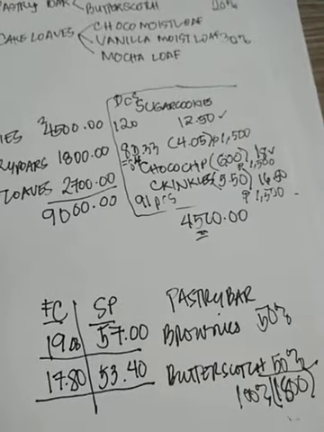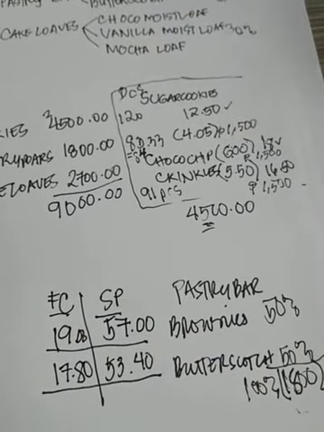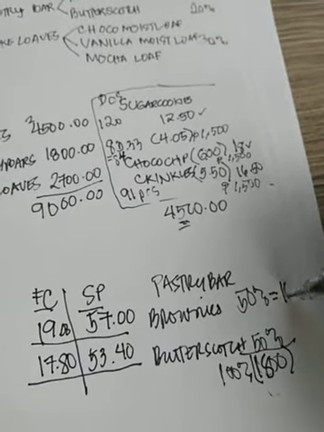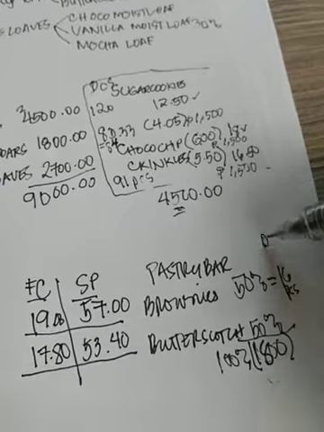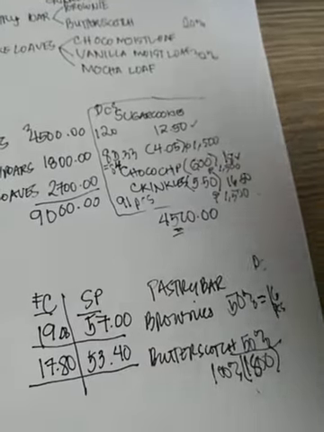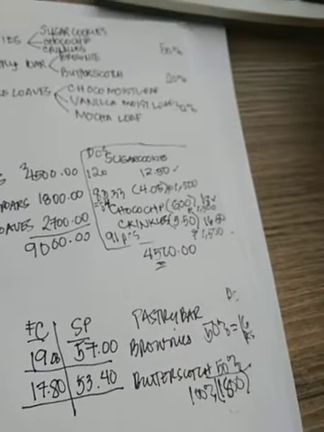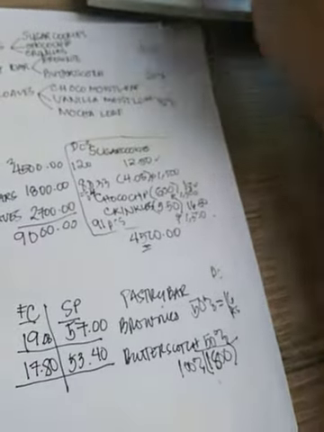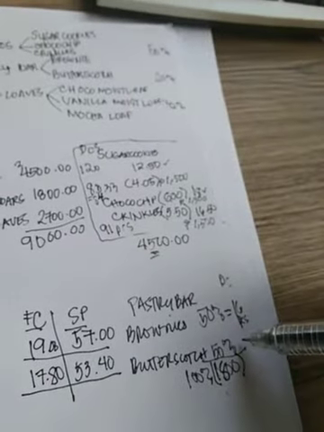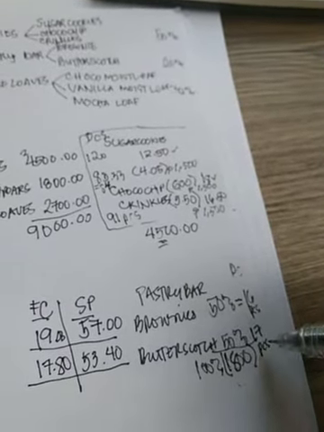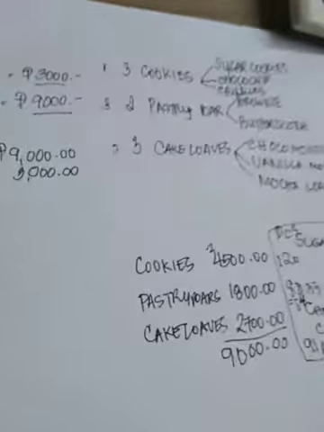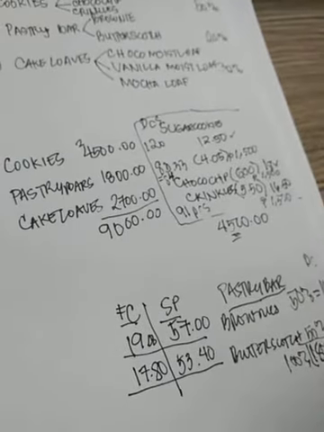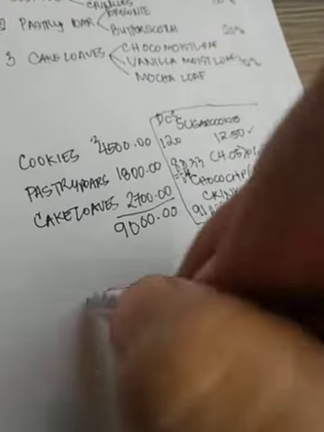So, 900 divided by 57 pesos. Dapat may dala kang 16 pieces na brownies. And dapat may dala kang butterscotch na, that's 900 divided by 53.40. 17 pieces na butterscotch. Okay? So, pastry bar mo ay 16 na brownies, 17 na butterscotch.